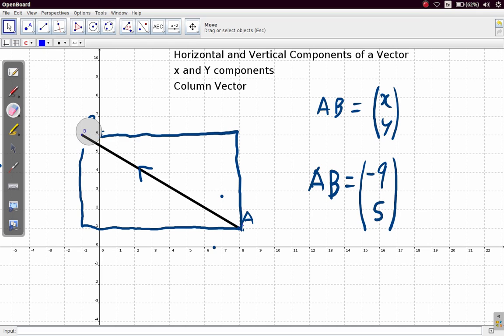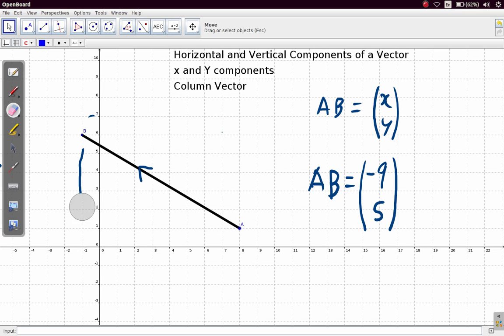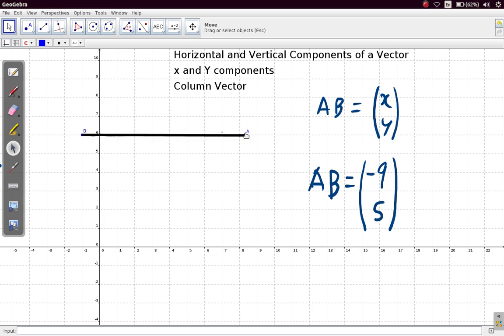Now, suppose, let us look at this situation. You have A, B, this vector. What would be the horizontal and vertical components of this vector? What would it be?